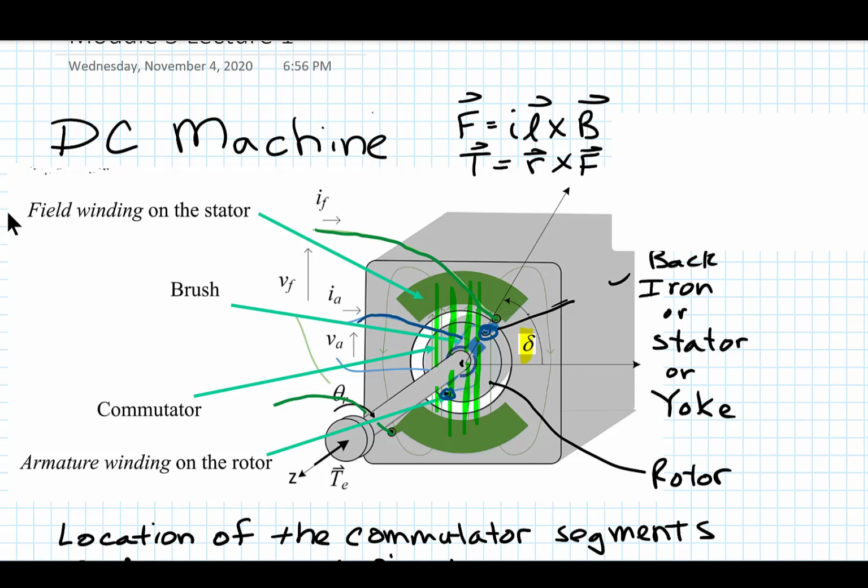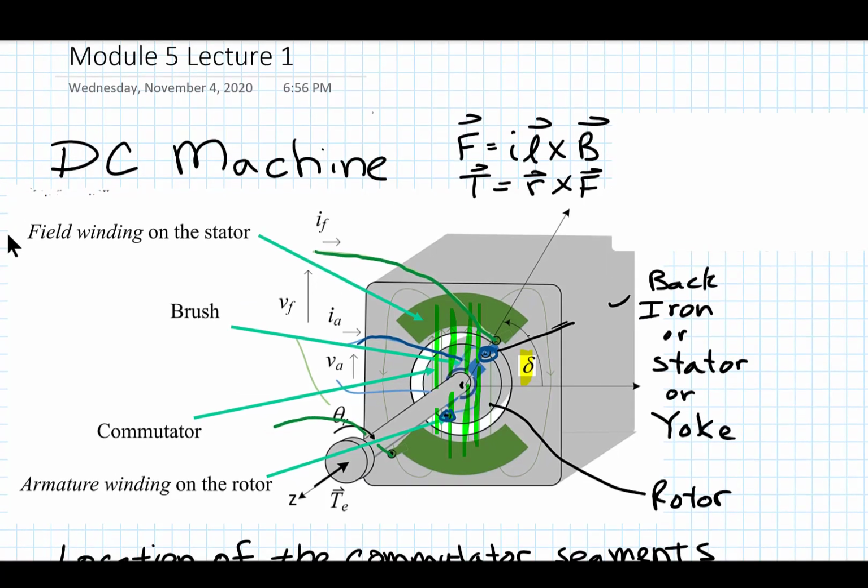Now I want to talk about how this current gets onto the rotating shaft. The way that it does this is through an electrical and mechanical assembly made up of brushes and commutator segments. I'm showing here in this cartoonish picture the brush.